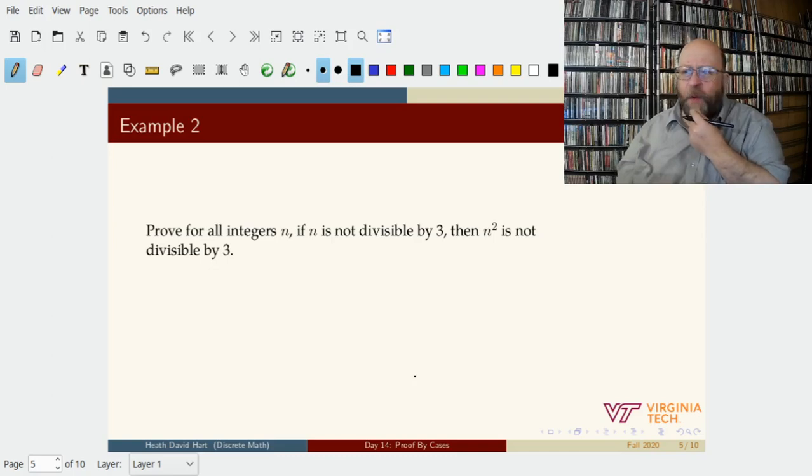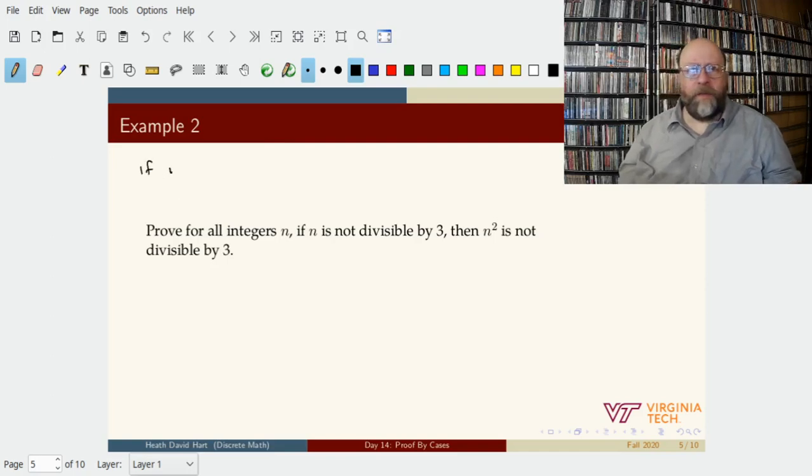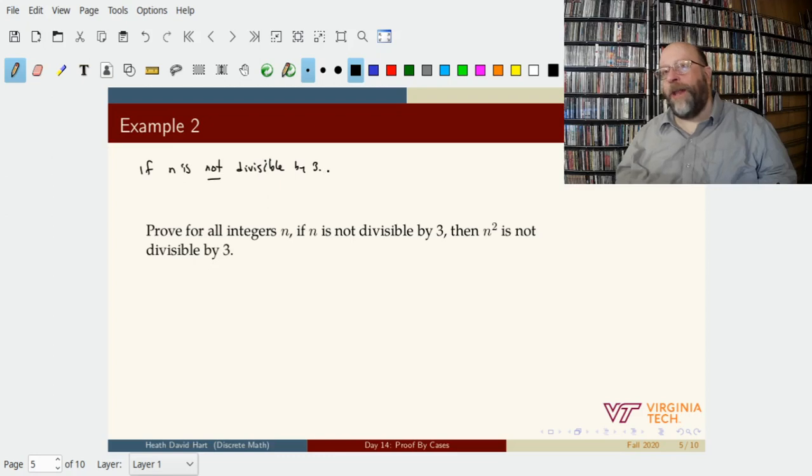So if a number is not divisible by 3, so if n is not divisible by 3, well, that means we can't write it in the form 3 times k. This is just thinking right now. This is not my proof. This is my thought process.